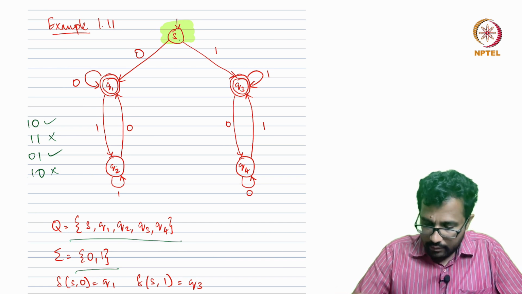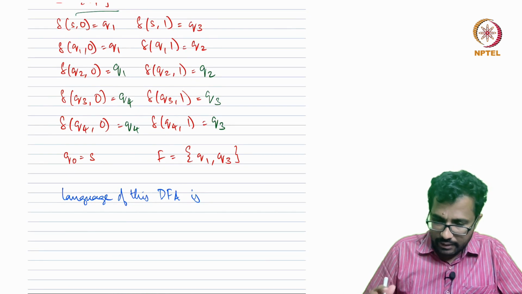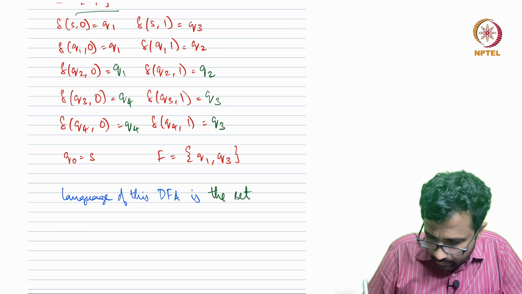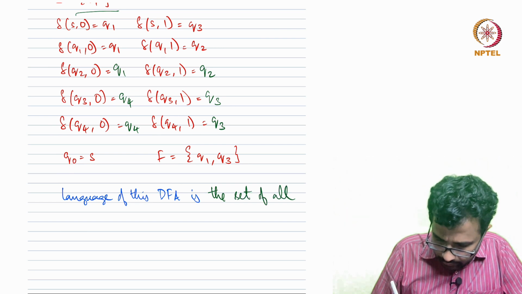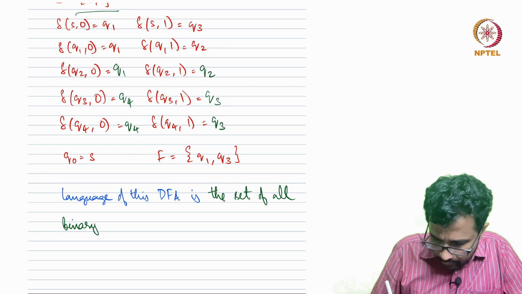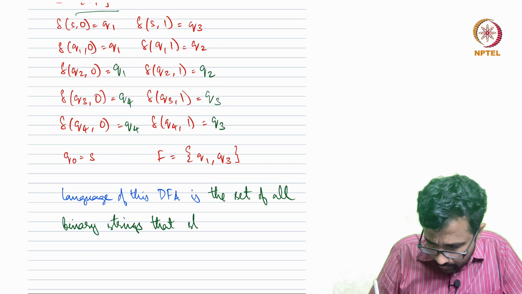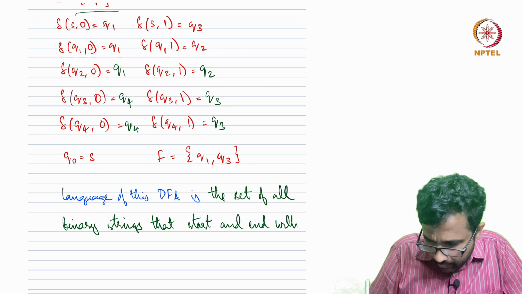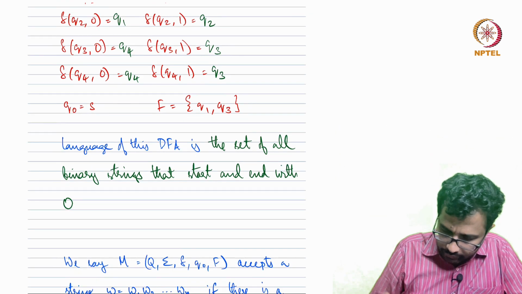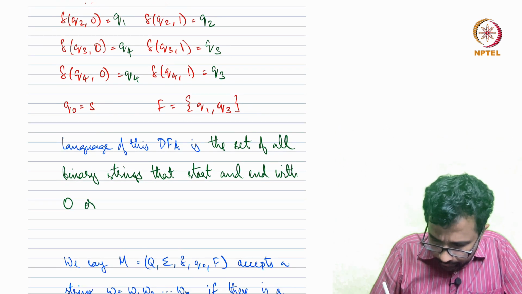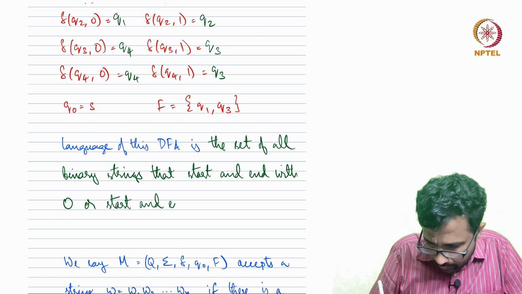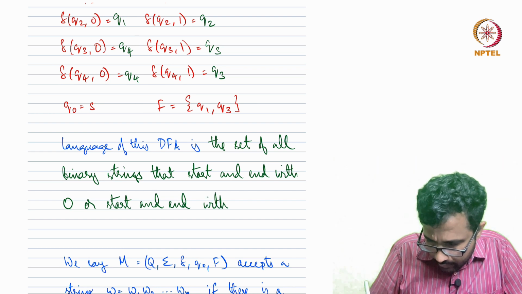So the language of this DFA is the set of all binary strings that start and end with 0, or start and end with 1.